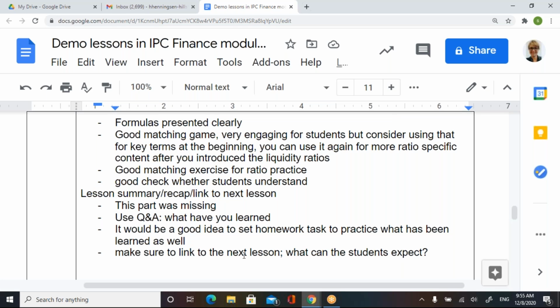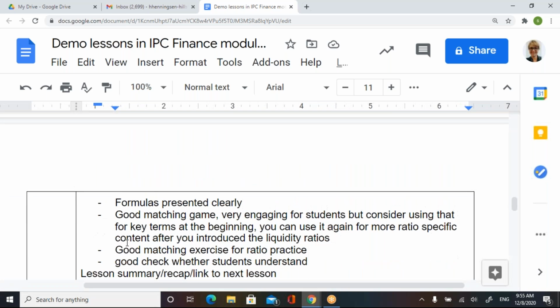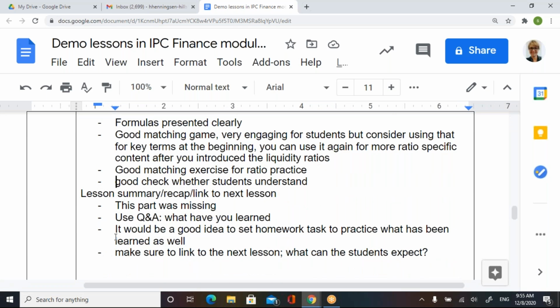Also, make sure to link to the next lesson. So what can the students expect next? So I would follow this up, the theory lessons. So we've got the profitability would have been done at this stage, the liquidity would have been done at this stage. So I would follow this up with a lesson that focuses on interpreting these ratios now, a bit like that last question that you answered in the exam.